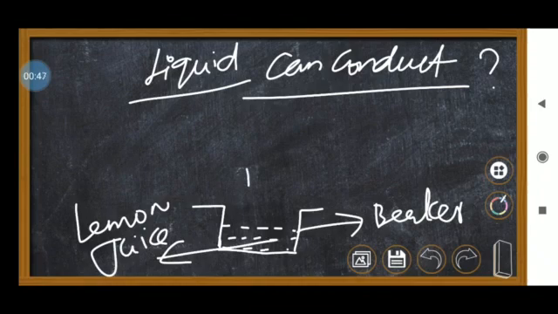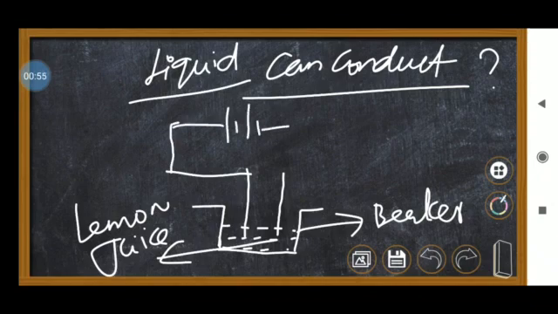and you have to take the free wires. That free wire should be connected with the battery, and also connected with the bulb. Okay, and this free wire is connected with this one. This is the case.